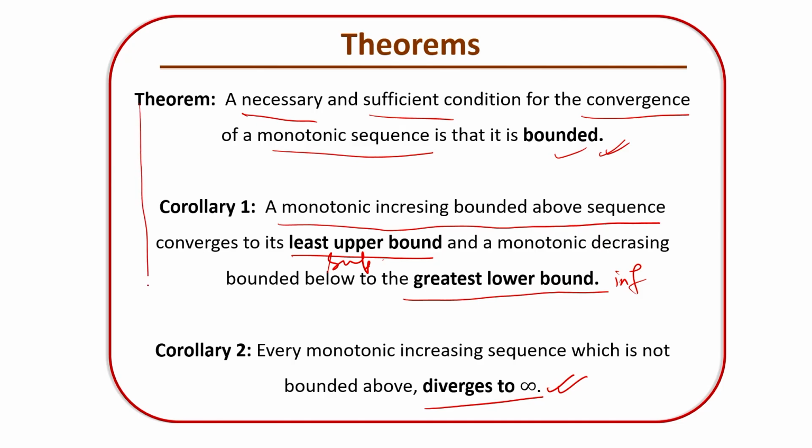Based on this theorem and its corollaries, we will investigate the convergence of sequences qualitatively and use this theorem as a necessary and sufficient condition. In the next lectures we will go through monotonicity and subsequences and how they help to investigate the convergence of a given sequence or subsequences.